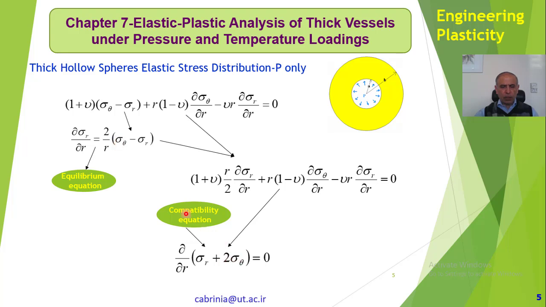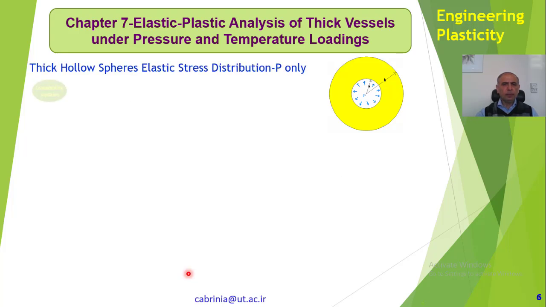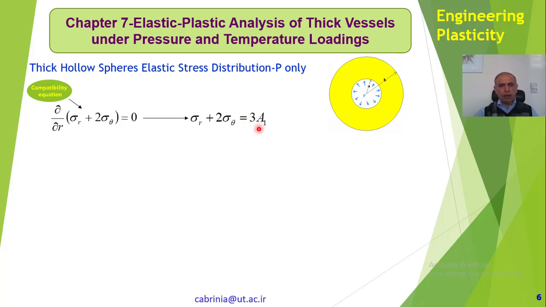Okay, so we have two equations here in terms of sigma r and sigma theta, and partial differentiation with respect to r. So this is our compatibility equation. Now we can integrate this compatibility equation and write it like that: sigma r plus 2 sigma theta is equal to 3a1, because if we differentiate that, it's a constant.